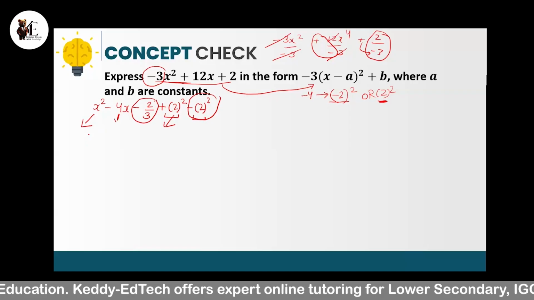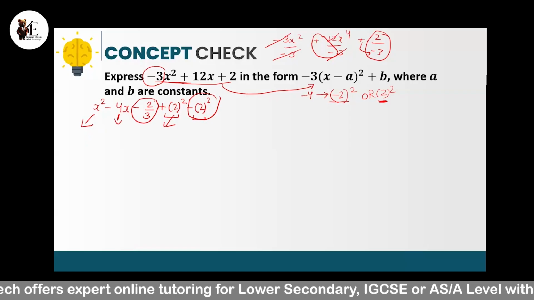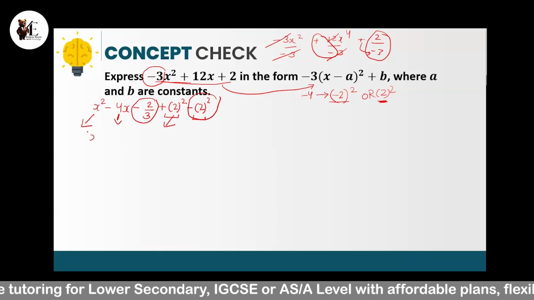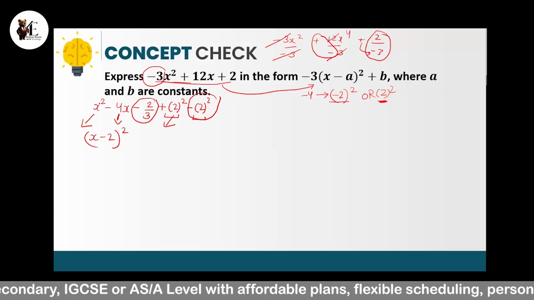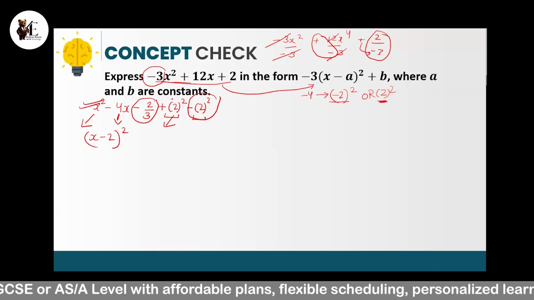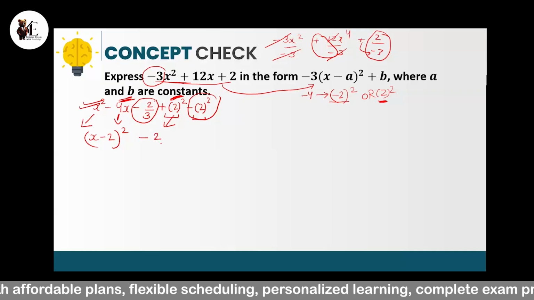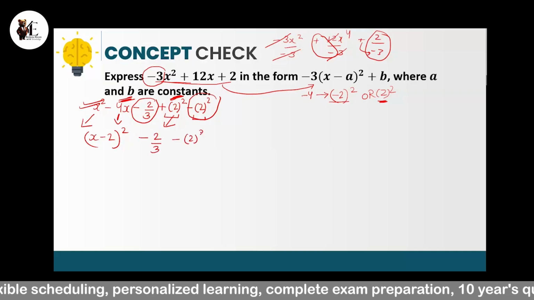This is a positive and this is a negative term. So I told you that if all the terms are positive, then we will put a positive sign. But even if one term is negative, we will put a negative sign over there. So x minus 2 whole square. So this term is covered, this term is covered, this term is covered. Only these two terms are remaining, minus 2 over 3 and minus 2 square.